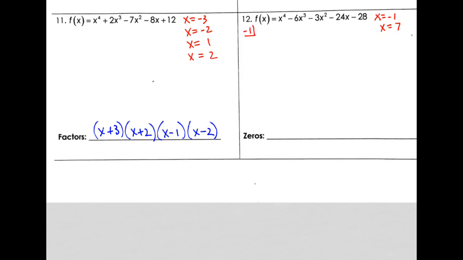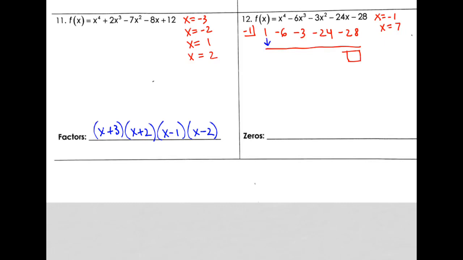-1, is it counting down? 4, 3, 2, 1, 0. Yes, it is. So we don't need any placeholders. So we're going to put the 1, -6, 3, -24, and -28. Going to have our remainder there. Remember, first number drops.